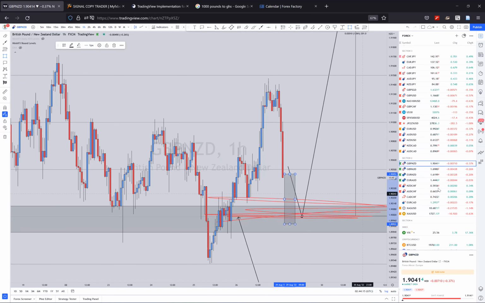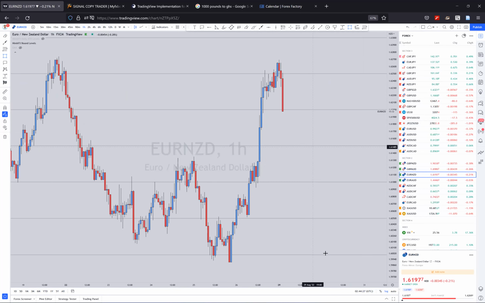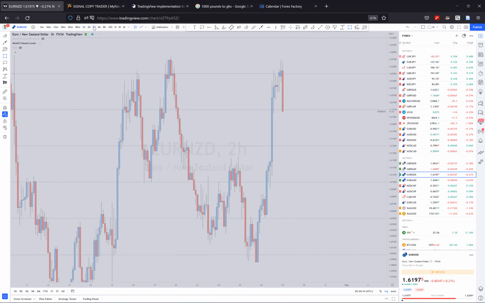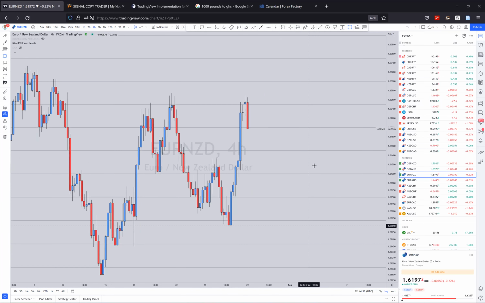And all this should coincide with the push up on GU, GJ, and then GBP/CHF, just like we looked at earlier on. EN should have this similar push here. So we should see EN continue pushing to the downside. So this is tricky.